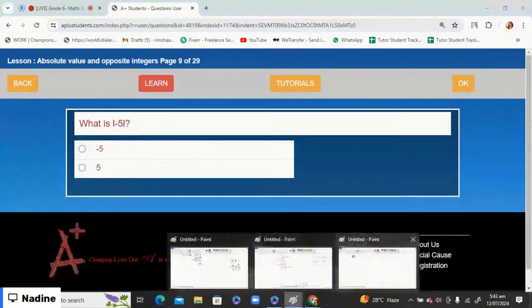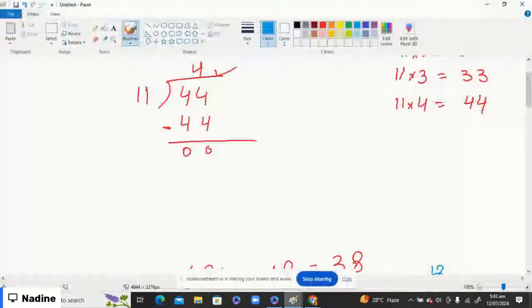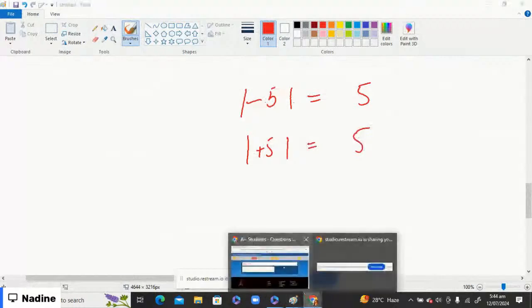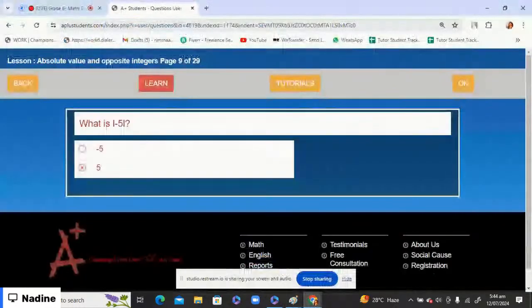So, look at here. This is negative 5 with absolute value. So if something is negative and under the absolute, it becomes plus 5, okay? And if something is plus 5 under the absolute, it's again plus 5, because it's not opposite, it's absolute. So any negative number's absolute value is a positive number.